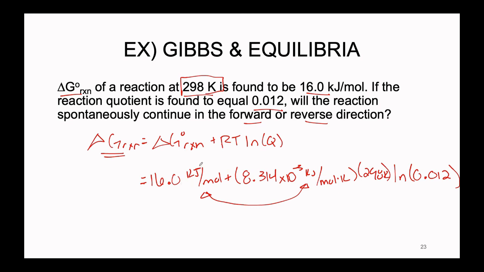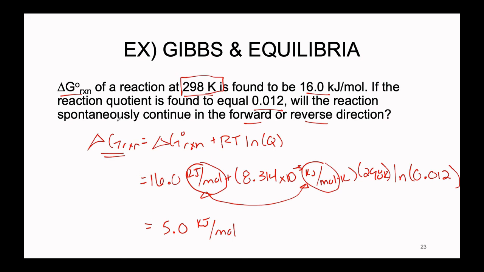Whether you want to shift your Gibbs free energy value into joules to match your gas constant, your R, or shift your R to match your delta G, so long as they're consistent, it should be fine. So if we perform this calculation, taking 16 plus this entire R times T times natural log of Q term, we should find a value that is equal to 5.0 kilojoules per mole.